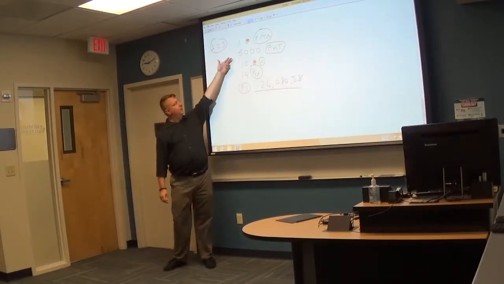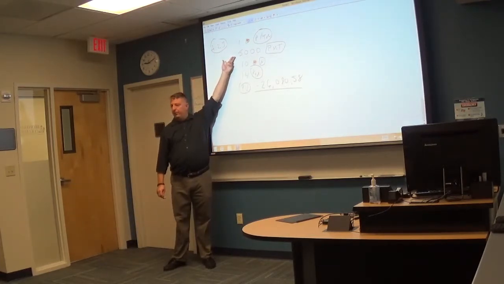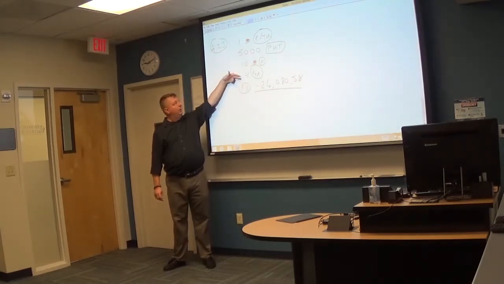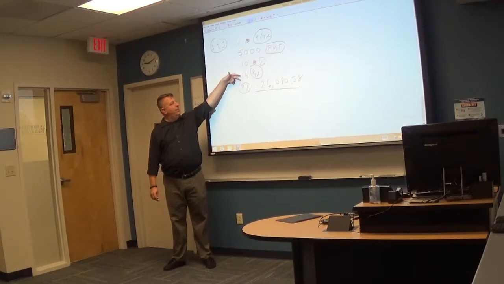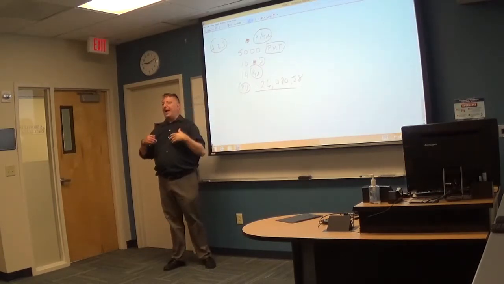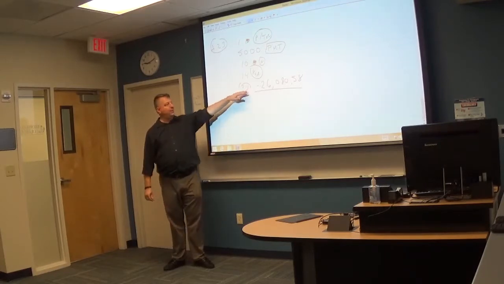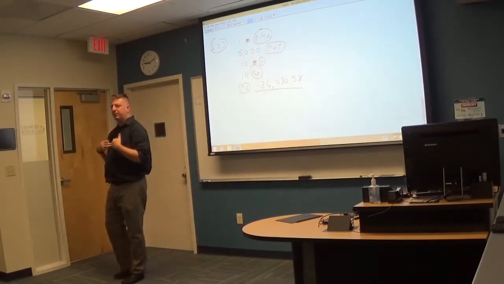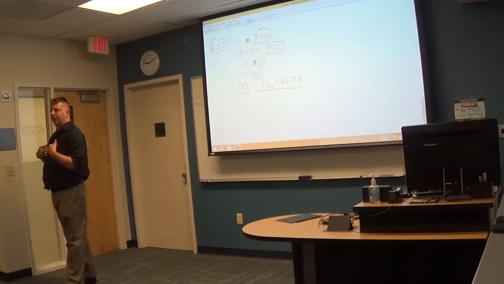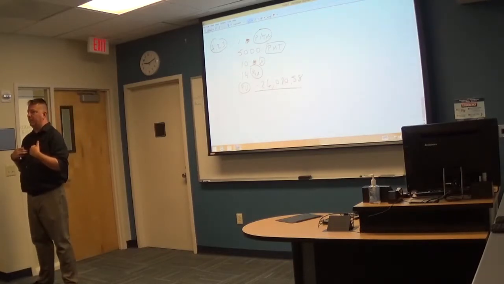You could look at this as a lease payment that you are receiving from a tenant for a 10-year term, and you're discounting it and saying, I am demanding a 14% return on my capital. What is the present value of that lease to me as the property owner? Does that make sense? Okay.